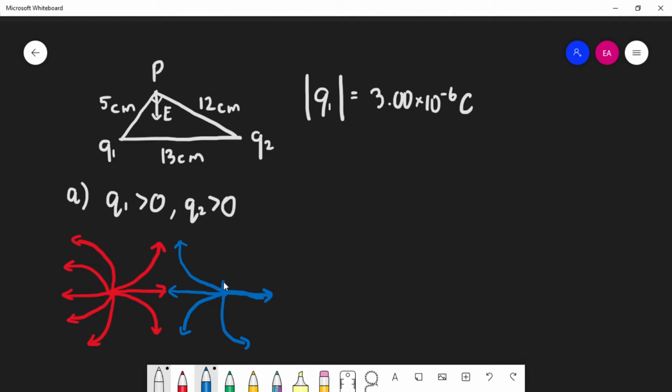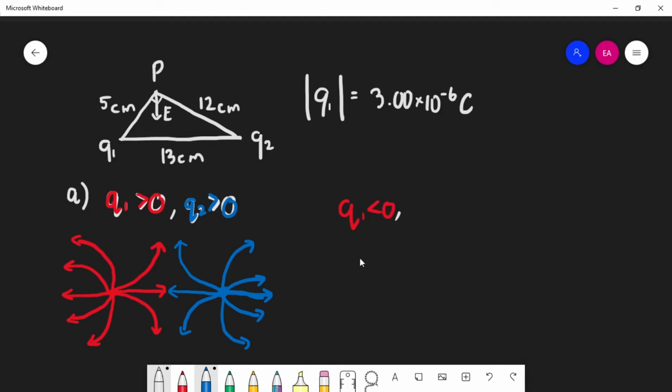So this is what we will get if both charges were to be positive. So this is Q1 greater than 0 and Q2 greater than 0.